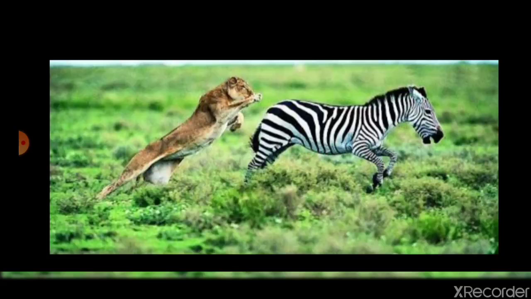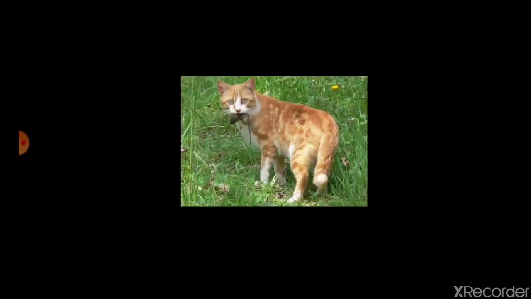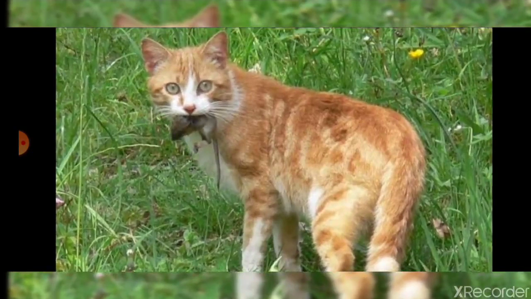Animals such as lion, tiger, leopards are predators and they prey upon animals such as deer and zebra and giraffe. A cat is also a common example of a predator that hunts and feeds on mice and rats.